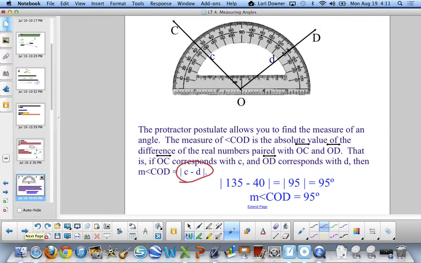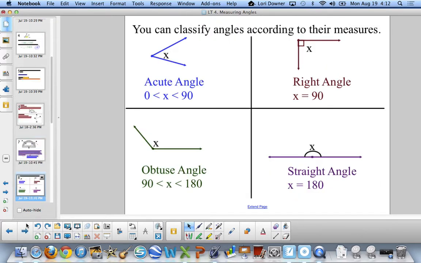So C is located at about 135 and D here is located about 40. So if I find their difference, 135 minus 40, and then take the absolute value, I get 95 degrees. So the measure of COD is 95 degrees. That should look similar to when we dealt with the segments.